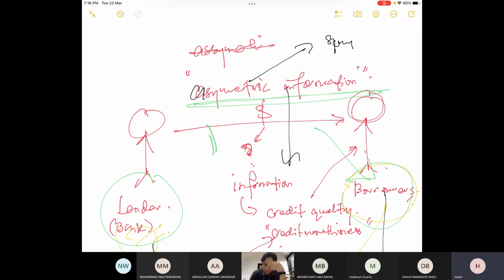So now we have an imbalance of information here. We have information which is slightly more in the hands of borrowers in terms of their ability to pay the money back, but lenders and banks have an insufficient amount of information, right?